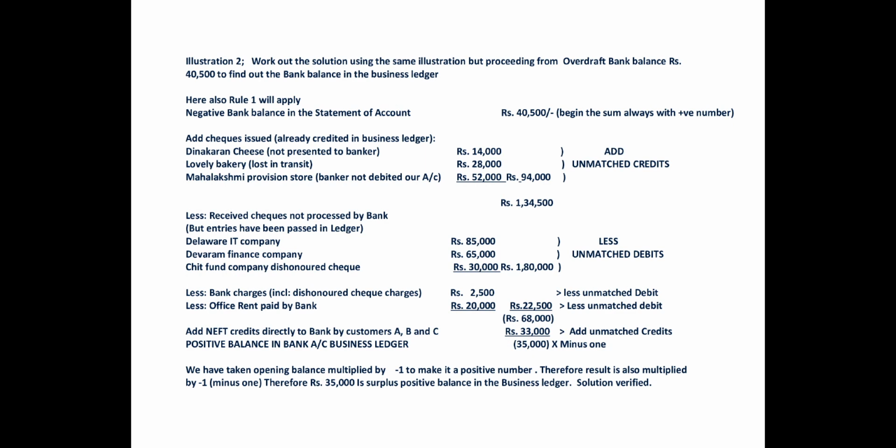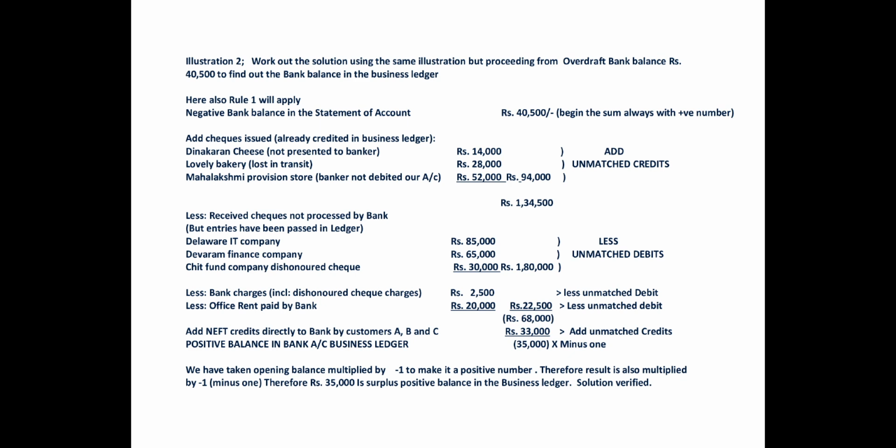We are adding all unmatched credits, Dinagaran Cheese, Lovely Bakery, Mahalakshmi Provision Store, to the extent of 94,000. We arrive at 1,34,500.